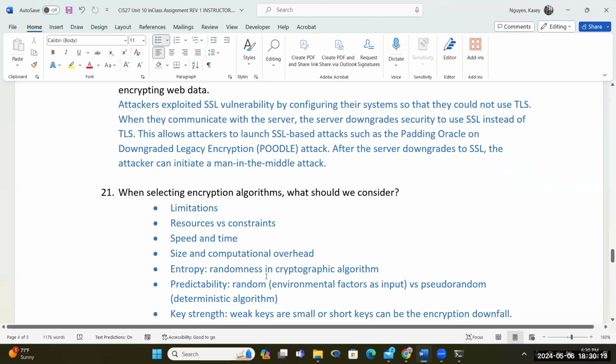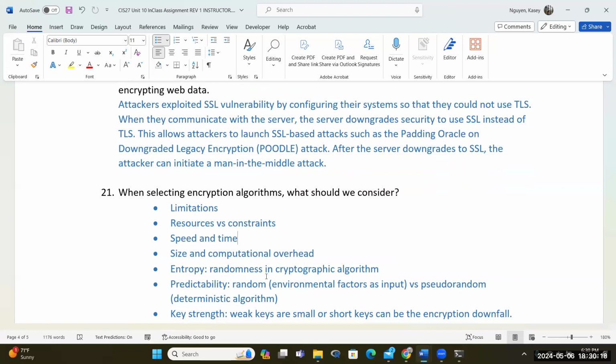Entropy, randomness: how good is the random? Is it truly random? Is it pseudo-random? Will there be error or predictability? Hash algorithm is the same thing. When you select the hash, look at these areas. Is it guessable?